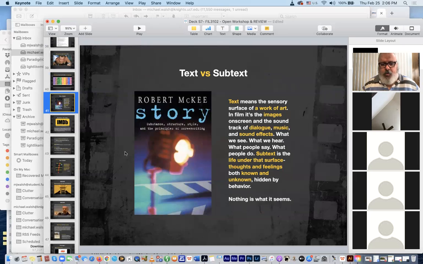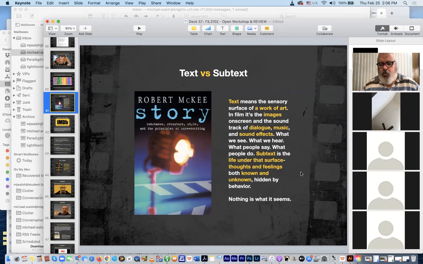I gave you a little bit of reading out of the McKee book. Robert was talking about how text means the sensory surface of a work of art. In film, it's the images. In music, it's the notes. And in scripts, it's the dialogue. Sound effects are part and parcel with the soundtrack.